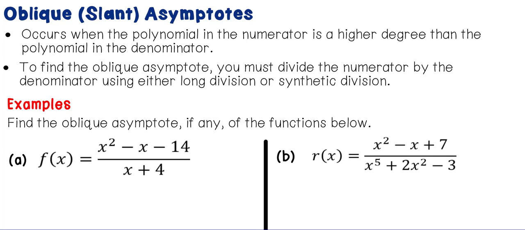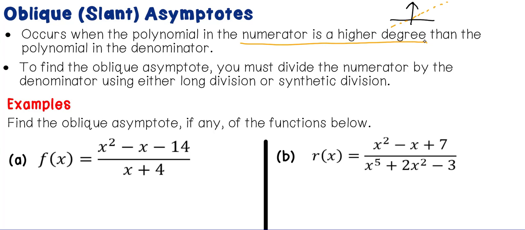On this part, we're going to look for an oblique or a slant asymptote. A slant asymptote is an asymptote that occurs at an angle. It's not horizontal, it's not vertical, it's at an angle. This occurs when the polynomial in the numerator is higher degree than the polynomial in the denominator.